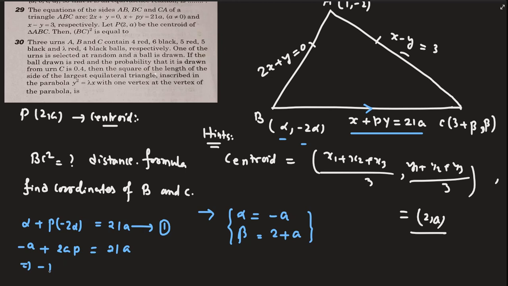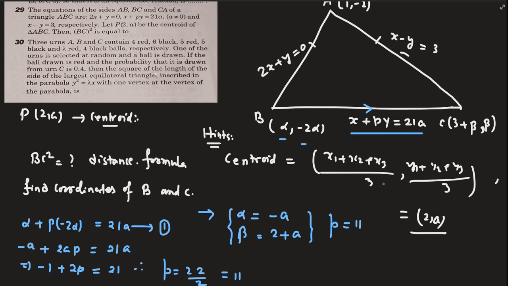From here you can find minus 1 plus 2p, which is equal to 21. So therefore p is equal to 22 by 2, that means 11. So you are able to find the value of p also, which is 11.